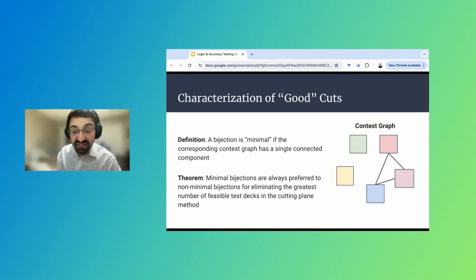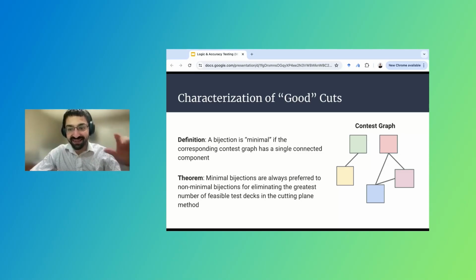Because if it's a really simple way of doing swaps, then it's going to require lots of the more complicated ones. How do I say it a different way? When it's a really complicated type of swaps like this, you can sort of overfit, in the sense that it will only eliminate test decks that in particular satisfy all of these sorts of things. Whereas when it's really simple, you get to eliminate the most.